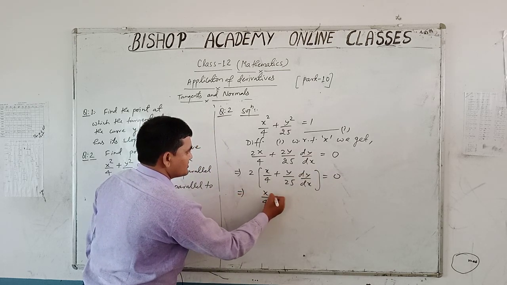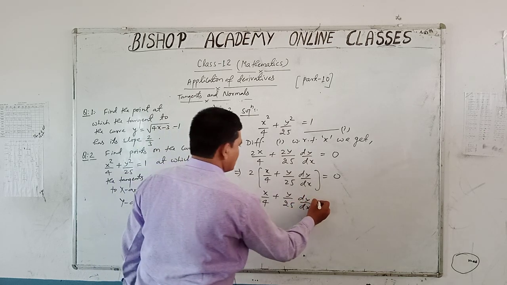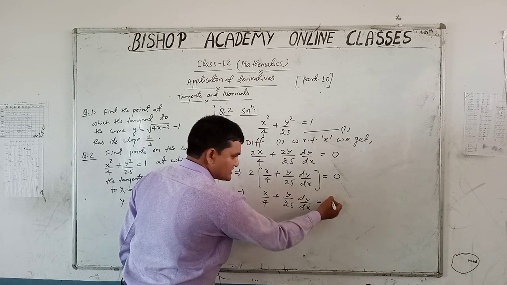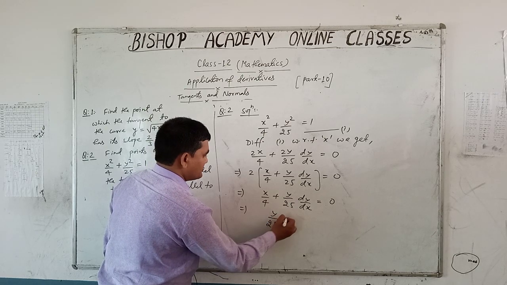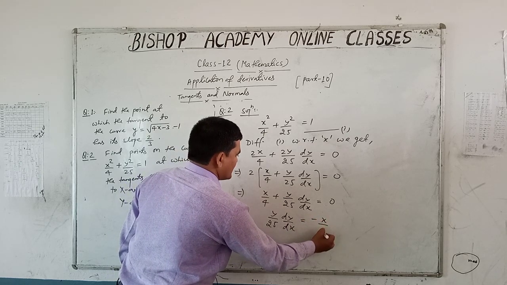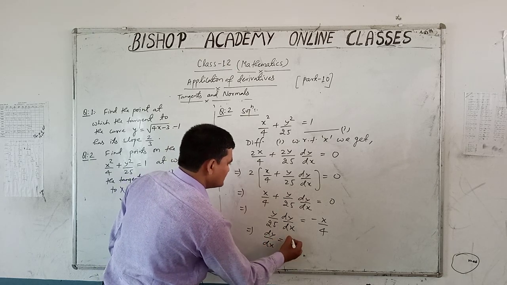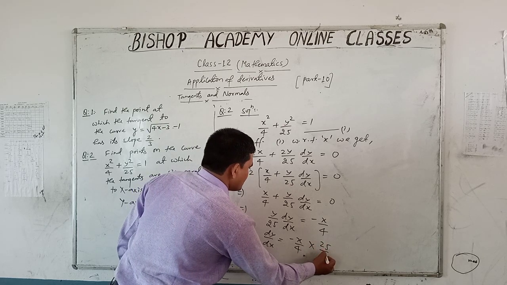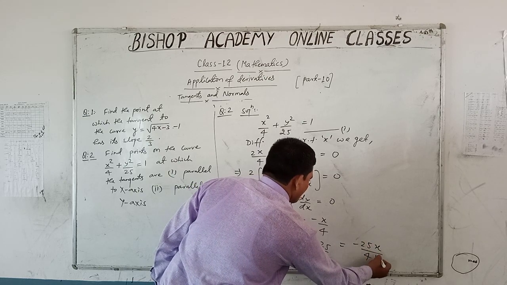This implies that x by 4 plus y upon 25 dy by dx equals 0 by 2, which is 0. Then y by 25 dy by dx equals minus x upon 4. So dy by dx equals minus x upon 4 into 25 upon y, which equals minus 25x upon 4y.